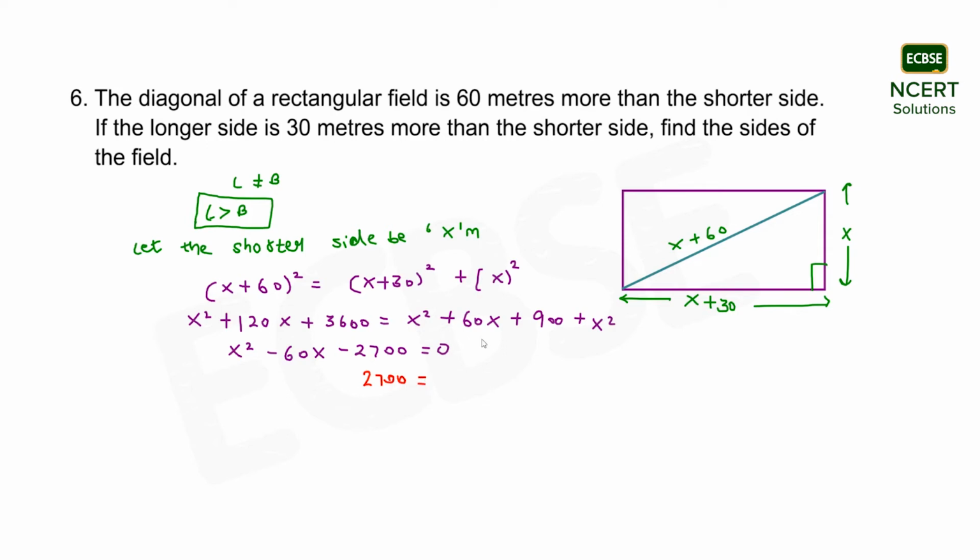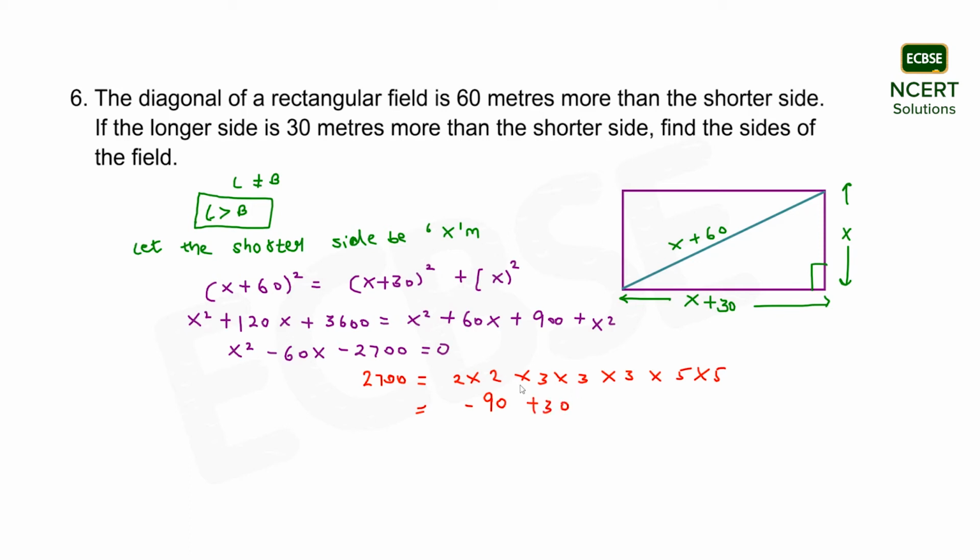On prime factorizing 2700, the factors we obtain are 2 into 2 into 3 into 3 into 3 into 5 into 5. From these prime factors, we make a combination such that two terms are obtained whose sum is minus 60 and product is minus 2700. On combining, I obtain the two numbers 90 and 30.